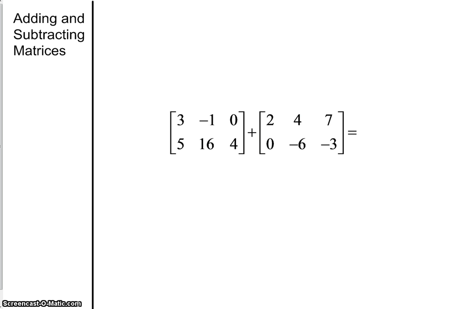Let's look at some other types of problems. Let's talk about adding and subtracting matrices. What you want to do is add in the same position, all right? So you're going to add the values in the same position.